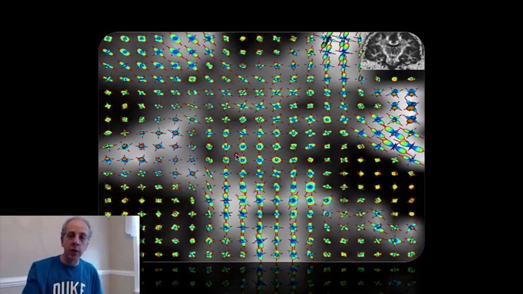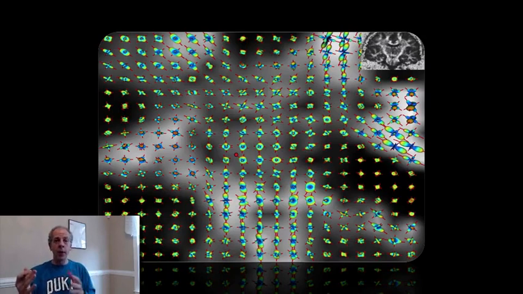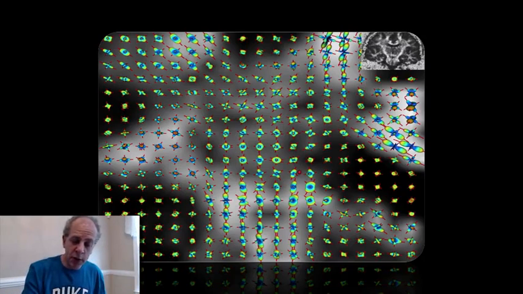Then at every voxel, you get a probability of diffusion in a given direction, or a probability of having these cables, these bundles in the brain in a given direction.